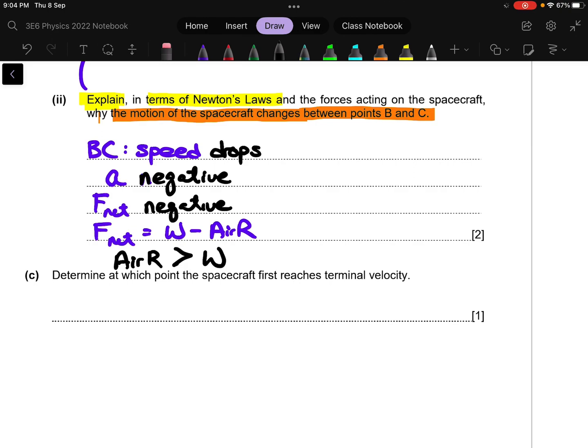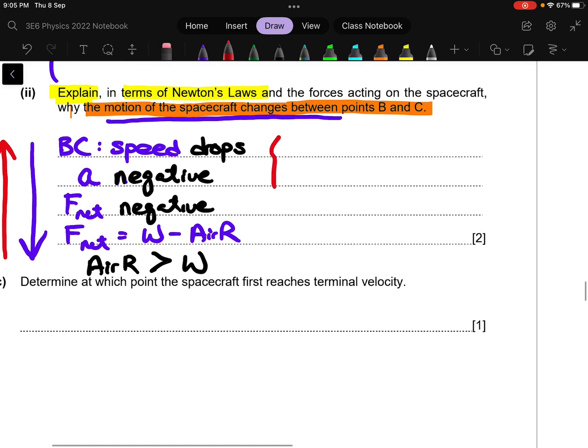So this is my thought process, and I just need to turn this into words and I can score points. So now I have to explain why the motion of the spacecraft changes as such. So instead of doing it this way, I should phrase my answer this way: this is the cause and therefore it leads to this particular change in motion. So in my answer, what I would do is quite straightforward.